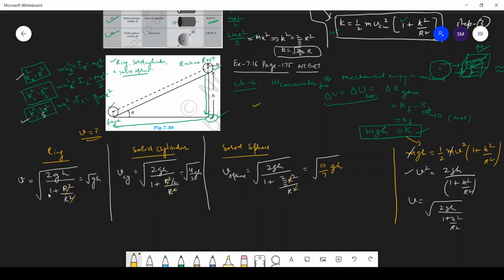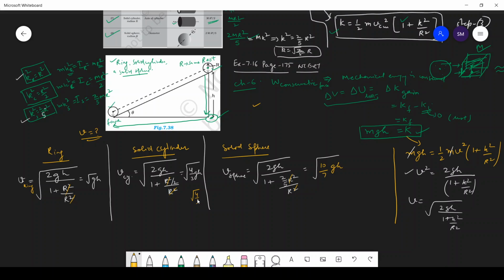So you can clearly see this was the velocity of the ring. So who has the greatest velocity? Of course this is 4 by 3, this is 1 here. Under root gh is common, so here it is under the root 4 by 3, and here it is under the root 10 by 7.